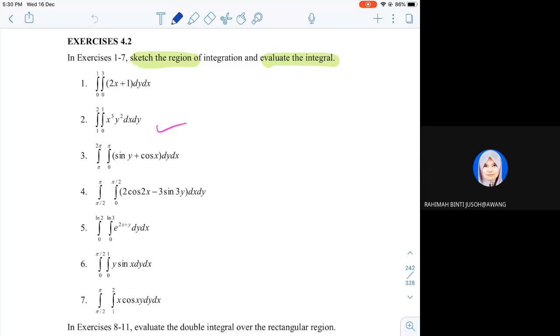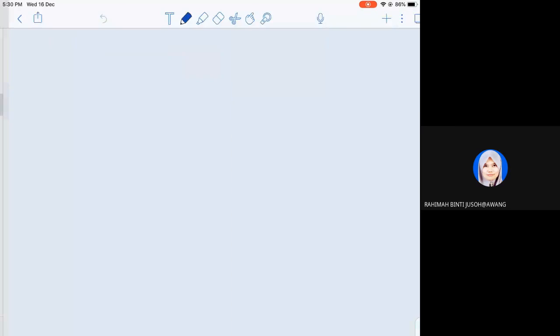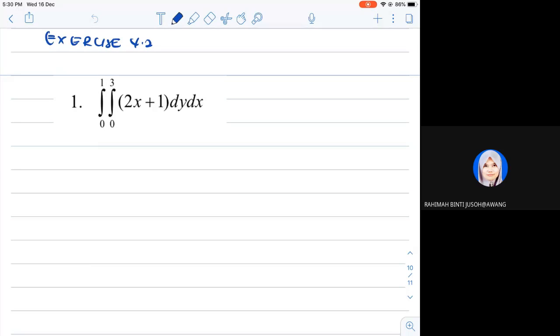In order to sketch the region, let us take out the limits. Guys, listen carefully. The inner part is y, so the limit is 0 until 3. So y is from 0 until 3.